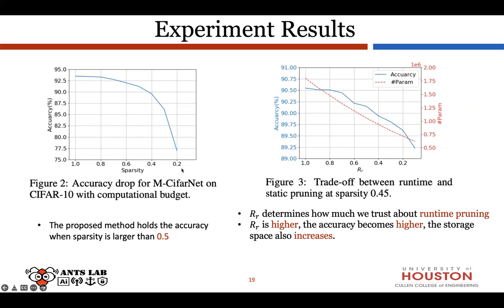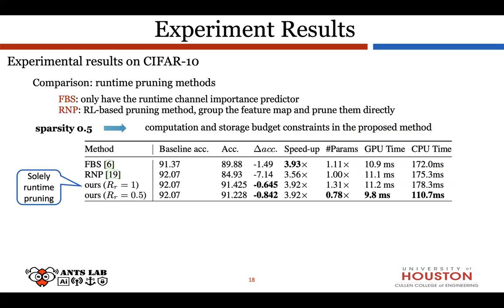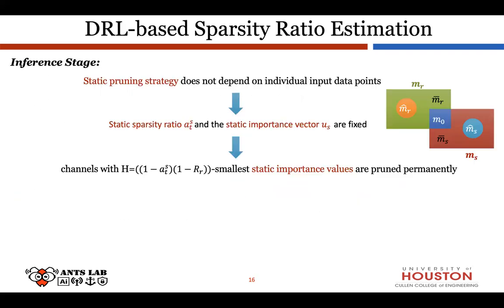Yeah, but still, if you show that you have static pruning and runtime pruning, there's a two map, they have some overlaps, right? The thing is, for the runtime pruning, you need to satisfy its sparsity target, right? For the static pruning, you also need to satisfy its sparsity target, right?